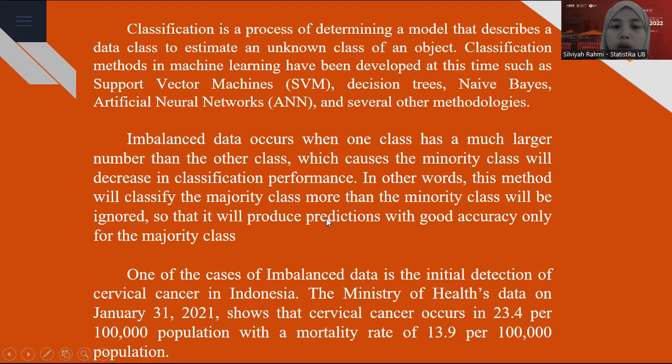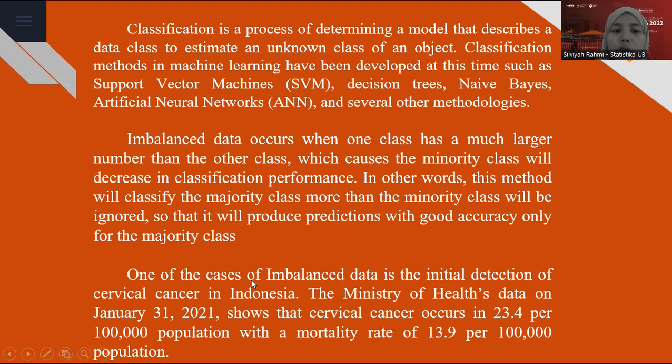And the initial detection data of cervical cancer in Indonesia has imbalanced properties because we have 20 data for people who have no cancer, and the other one, 70 people that are determined as having cancer.